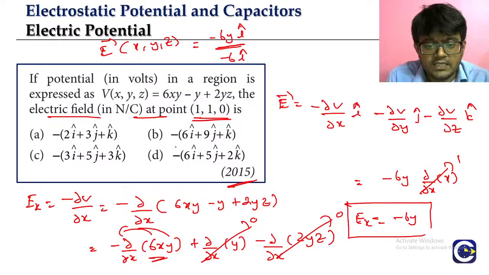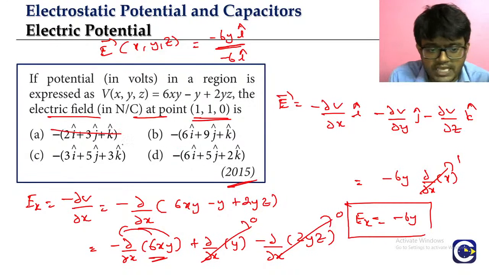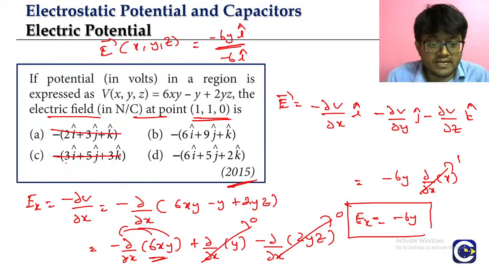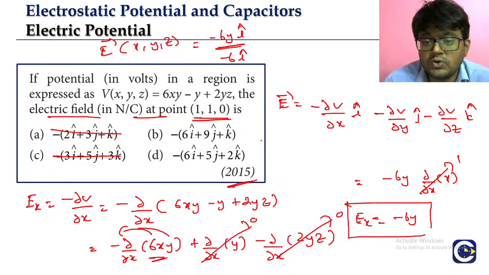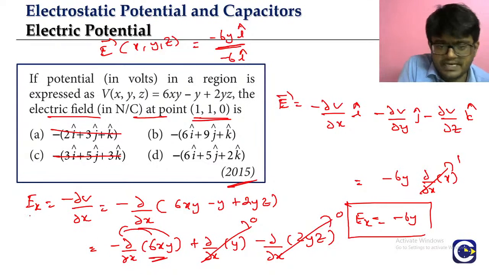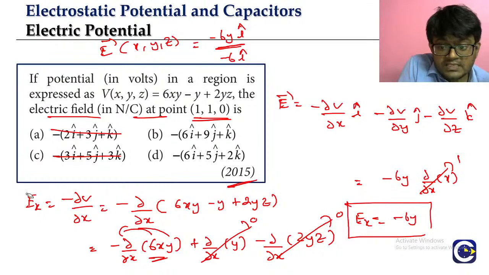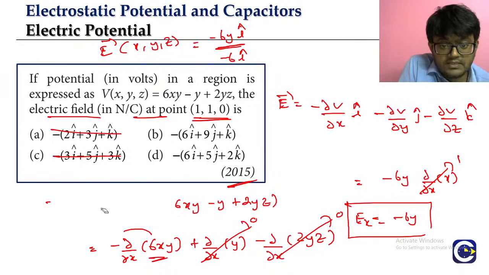Look at the options, there is no such option, so like that I can eliminate. Option C is not possible, because look at this, right, here it is minus 2, here it is minus 3. So our option is going to be only between B and D. Next, we will go to the second one.